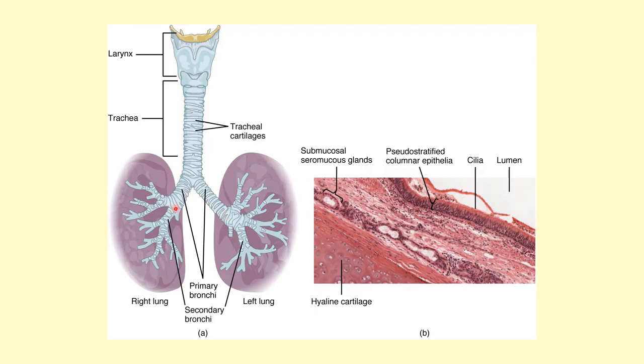And then once it enters the lung, it starts further branching and becomes the secondary bronchi, and just keeps branching like a tree, smaller and smaller branches as it extends and services the entire lung, both the left and the right. But you can see the cartilage of the trachea. These rings wrap around, giving that support.